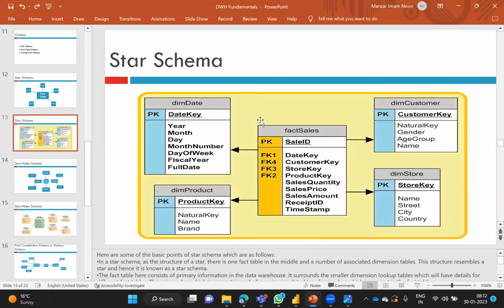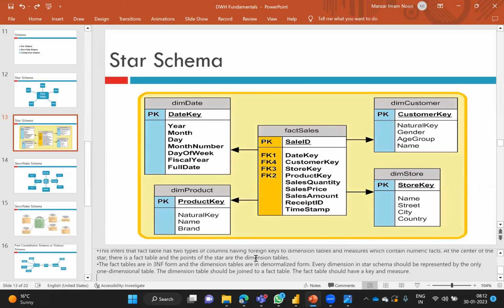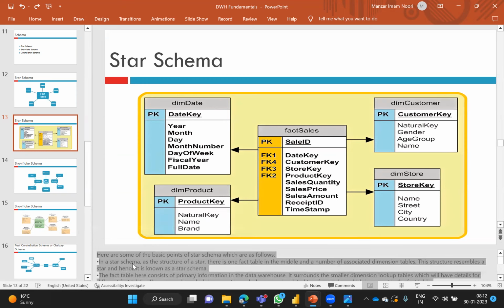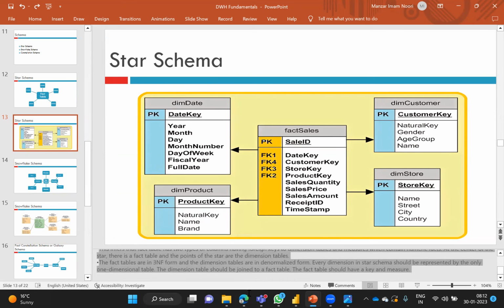There are so many advantages for this star schema, and you can find the details on the internet about the various advantages of this. Also, I can share this document with you so that you can go through it.